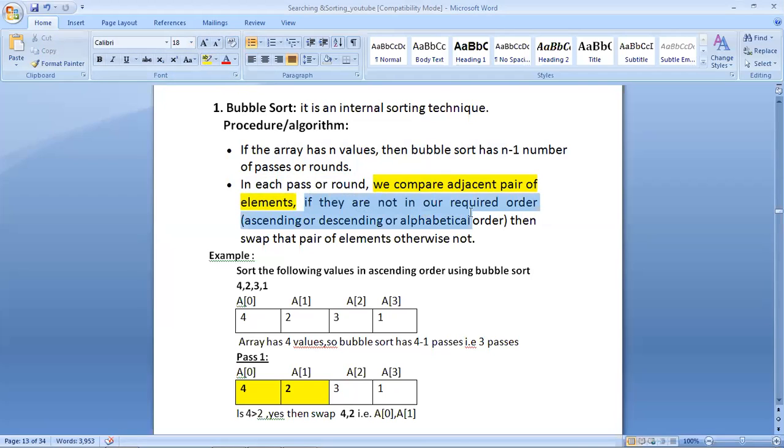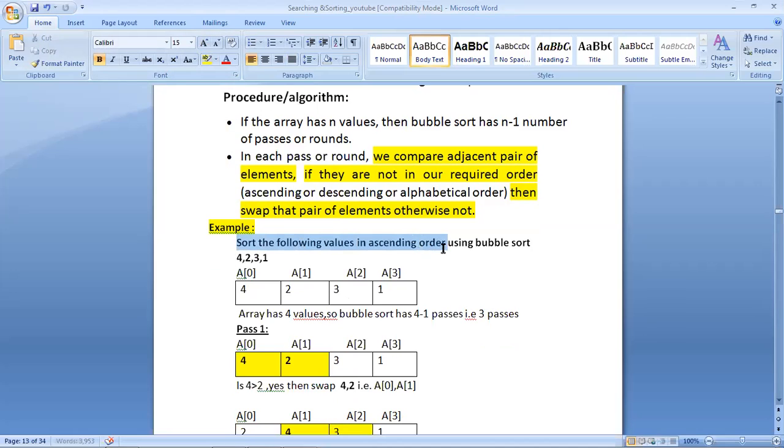If they are not in our required order, which can be ascending, descending or alphabetical order, then we swap that pair of elements, otherwise not. We see this example to understand the bubble sort technique clearly.